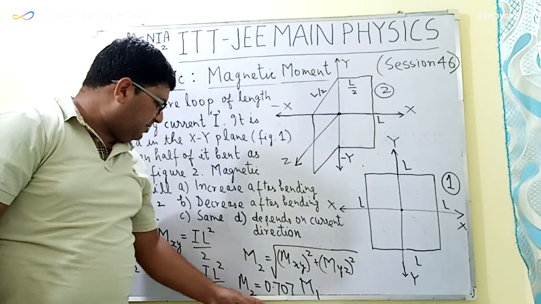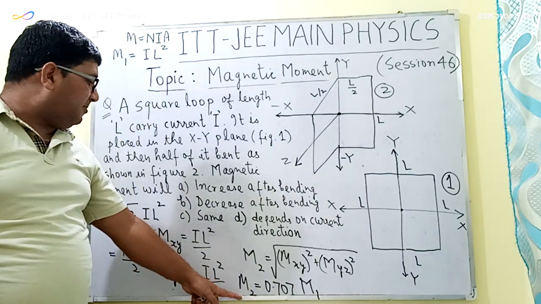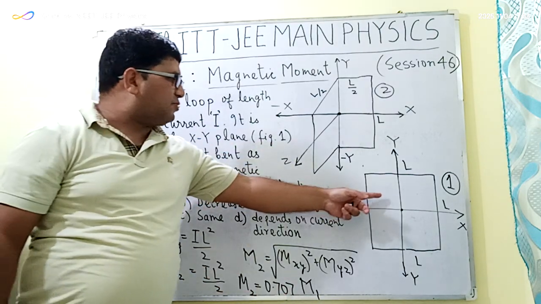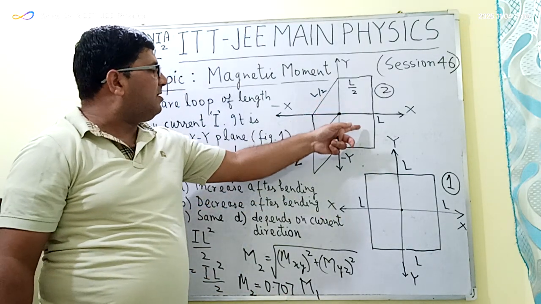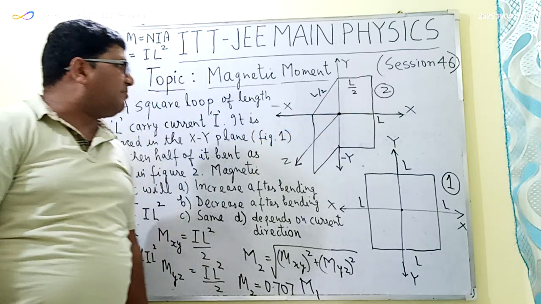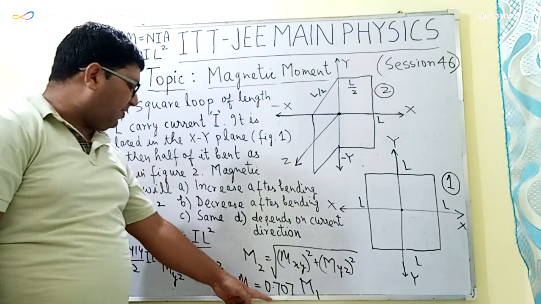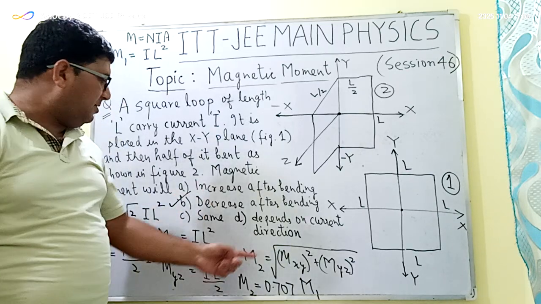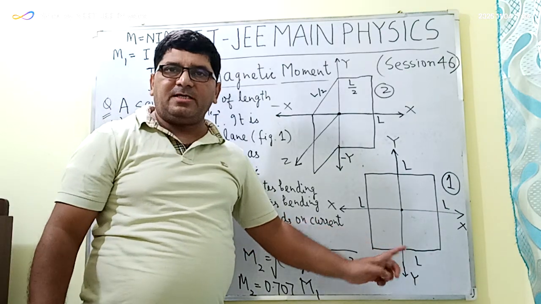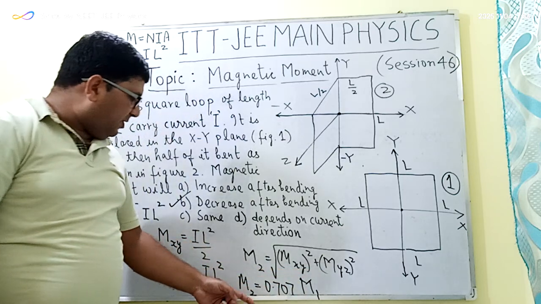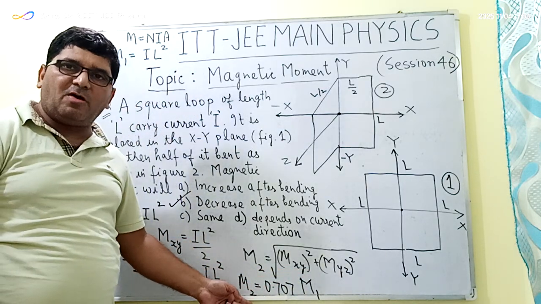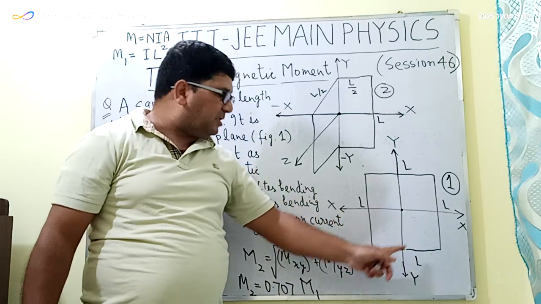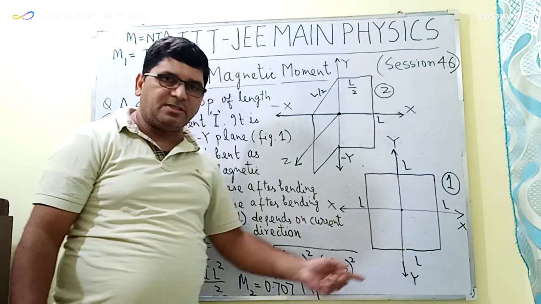So we can see here that the magnetic moment has decreased when this square loop was bent in such a way that half of it is lying in the XY plane and the other half is lying in the YZ plane. So the correct option here is B. And the direction of the current will not affect the magnitude of the magnetic moment, irrespective of whether the current is flowing in the clockwise or the anti-clockwise direction.